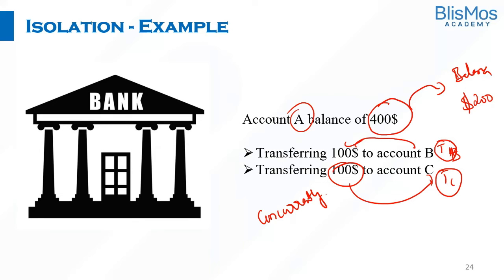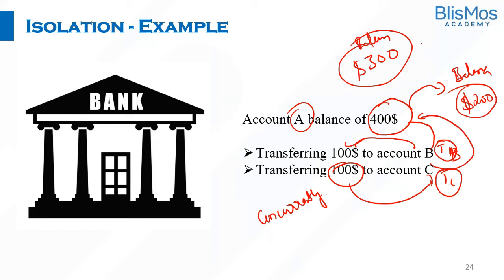If TB reads the balance as $400 and TC also reads the balance as $300, then after transferring $200 to account B and account C, the final balance is $300. How can it happen? After transferring $200 from $400, how can the balance be $300? That is wrong. So the isolation property ensures that even though these transactions are occurring concurrently, you isolate them and make them occur independently.